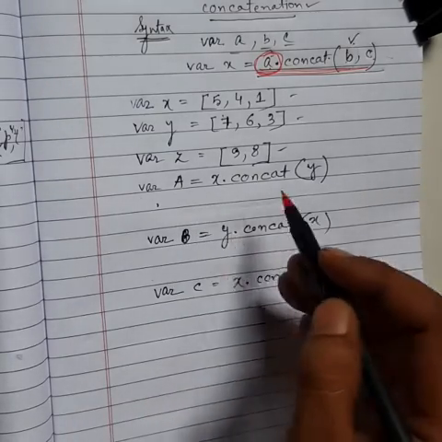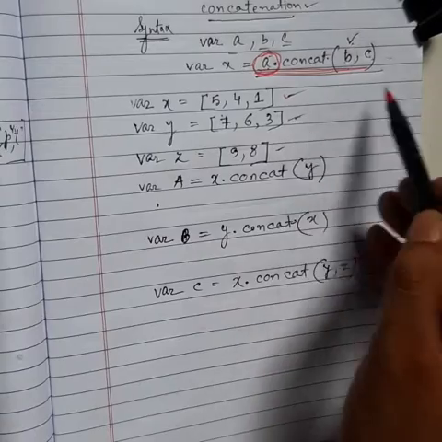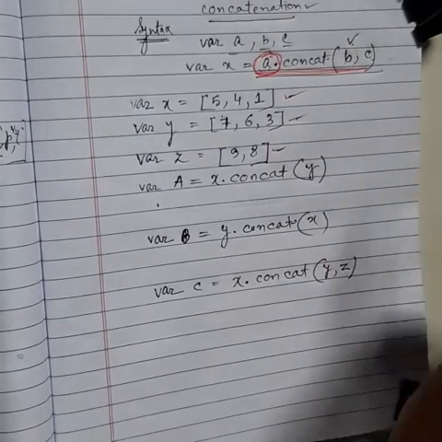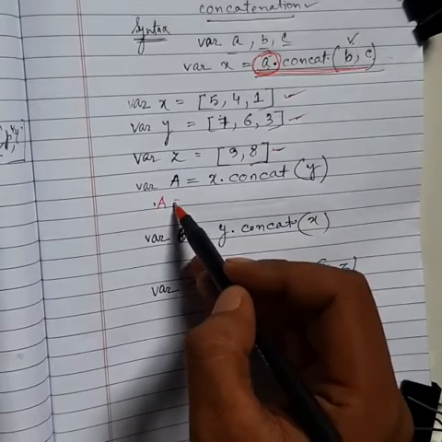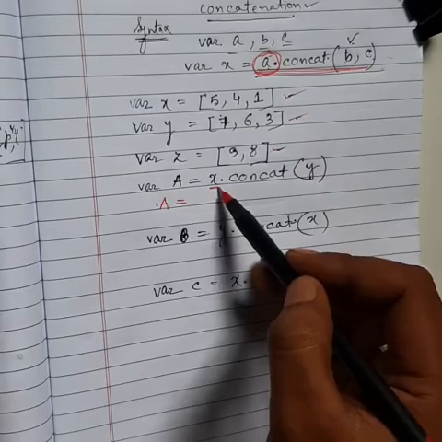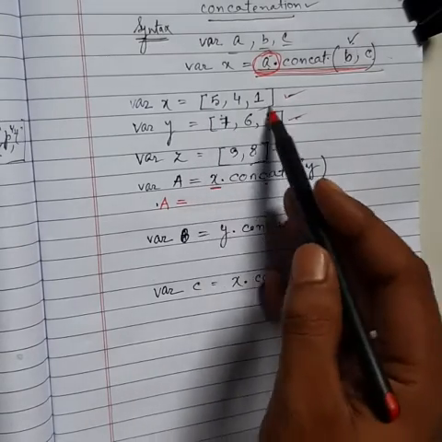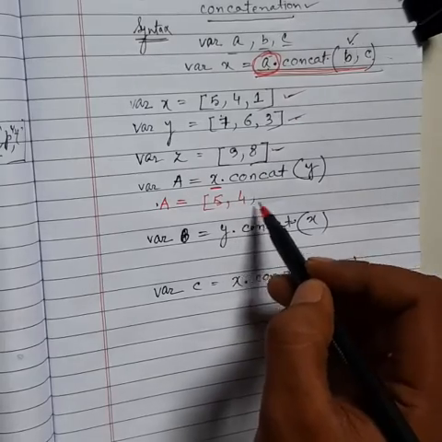Now if we see the output, already we have x equal to 5 4 1, y equal to 7 6 3, and z equal to 9 8. So let's read a. First time, this a, what will be the elements? As I told, the first is this x array, so all the elements of x will be placed first, so it will be 5 4 1.